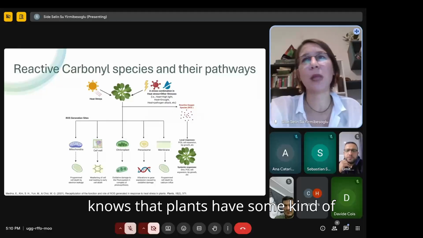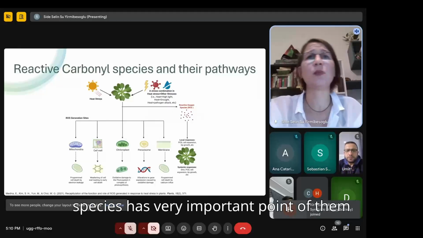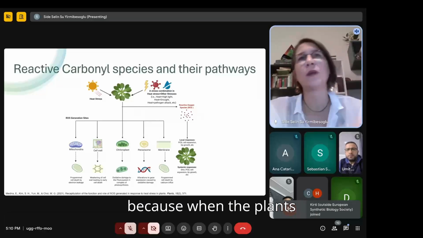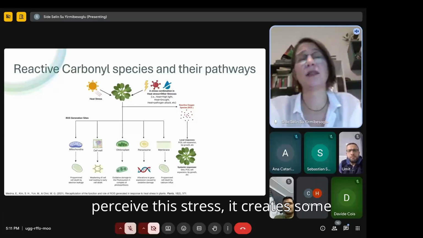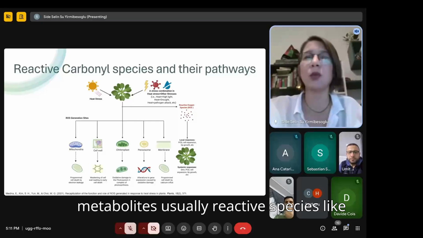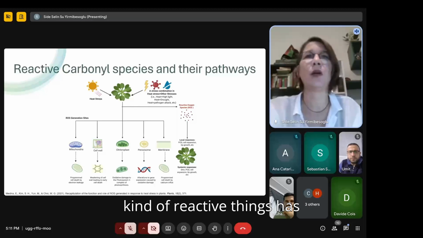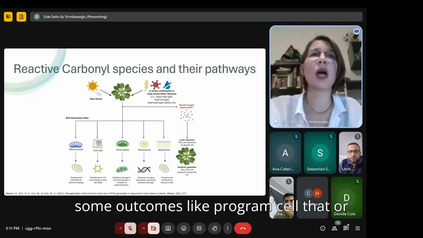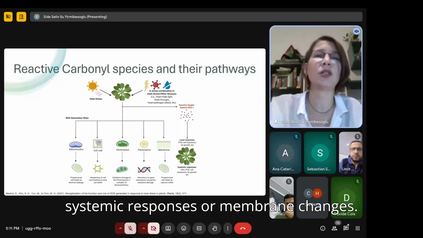Everyone knows that plants have some kinds of responses, and reactive oxygen species are a very important part of them, because when plants perceive stress, they create metabolites, and these metabolites are usually reactive species like reactive oxygen species. All of these reactive species have outcomes like programmed cell death, systemic responses, or membrane changes.